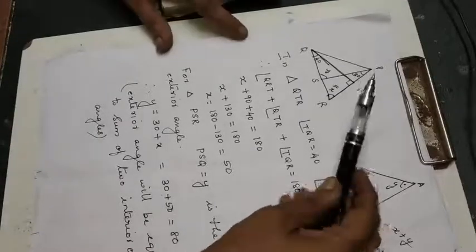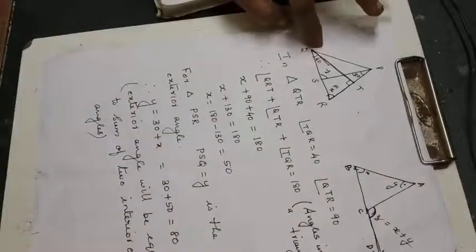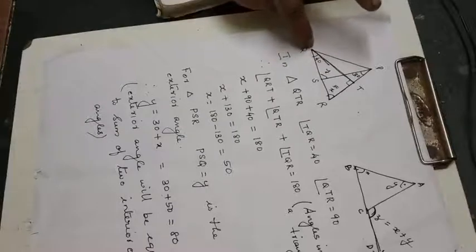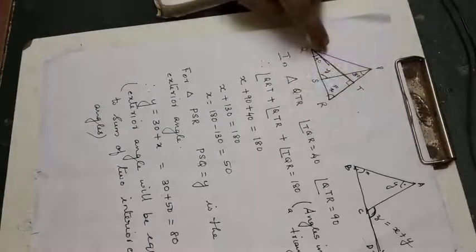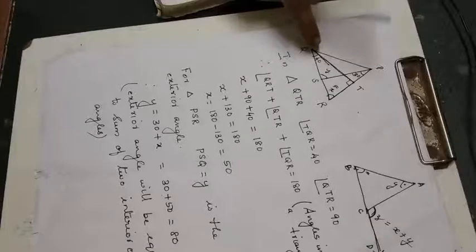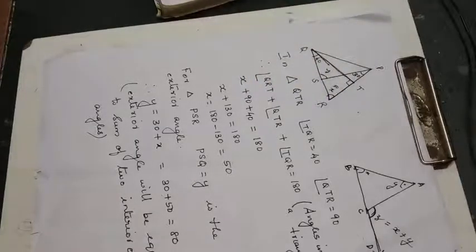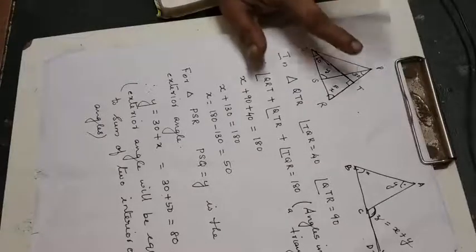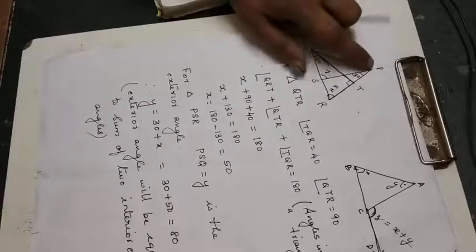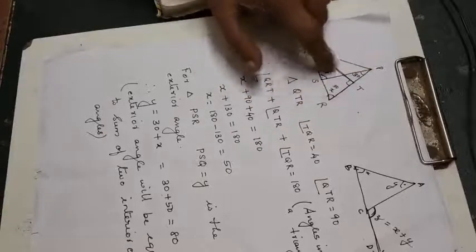Okay, so how did we solve that one? First we took the triangle QTR. In that one, 40 plus 90 plus X will be equal to 180, because angles in a triangle will be 180 degrees. So first you got X. After getting X, you have to take the triangle PSR.